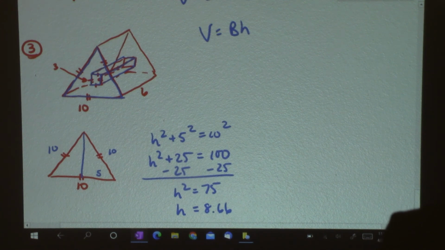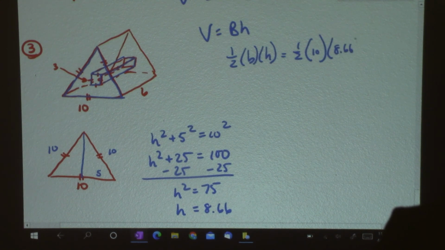So my base area is going to be 1/2 base times height of the triangle. So I'm going to have 1/2, and the base is 10, times 8.66, and that is, I believe it's 43.3, but I'm just going to check because I want to be thorough. So I have 86.6 divided by 2, 43.3.